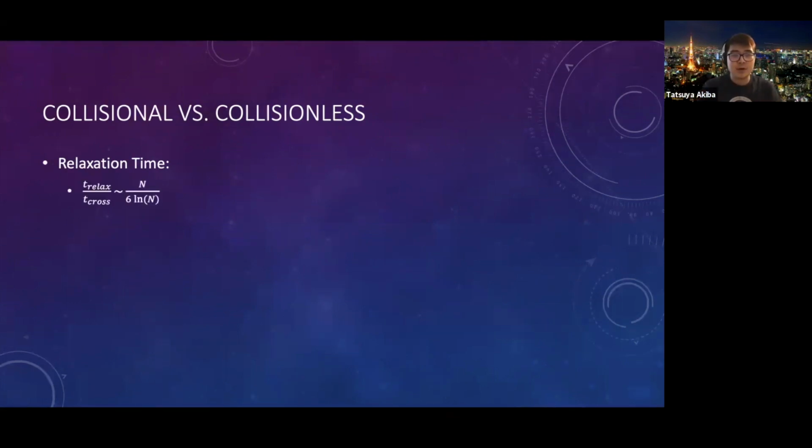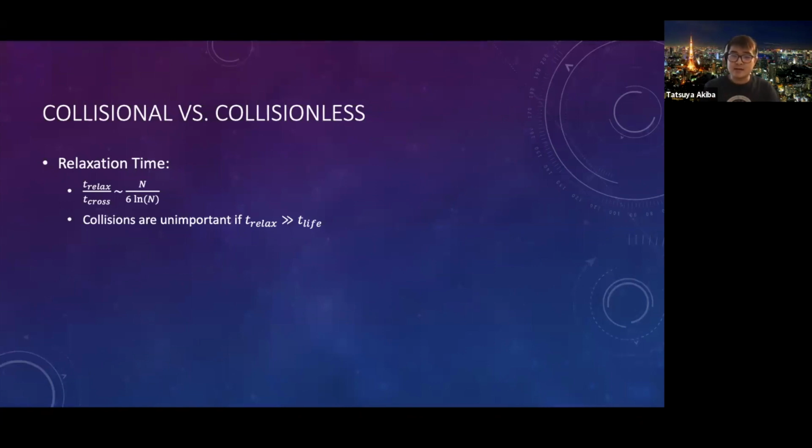We looked at this equation that relates the relaxation time and the crossing time, which is shown here. We basically said that if we compare this relaxation time with the lifetime of the system, we can say that collisions are unimportant if the relaxation time is much greater than the lifetime, right? Because that means that collisions are not playing a key part in relaxing the conditions of the particles. And if the relaxation time is much greater than the lifetime, we can say that the system is collisionless.